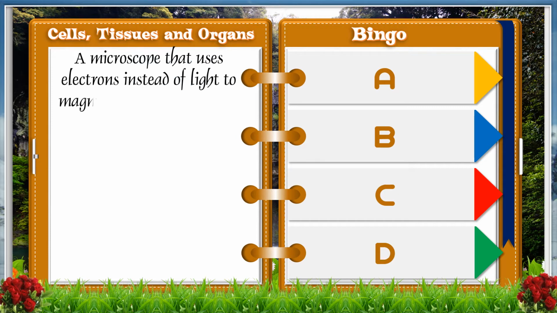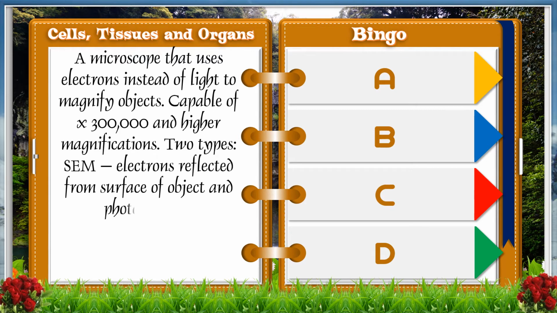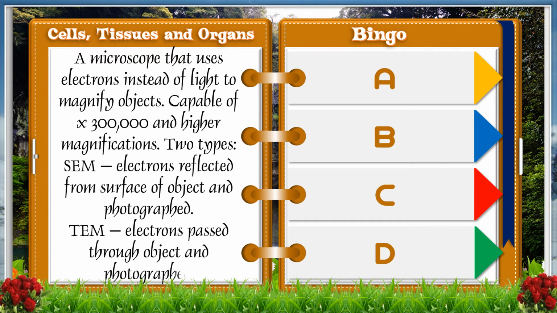A microscope that uses electrons instead of light to magnify objects, capable of multiplication of 300,000 and higher magnifications. Two types: the scanning, in which electrons are reflected from the surface of the object and photographed, and the transmission, where electrons pass through the object and are photographed.